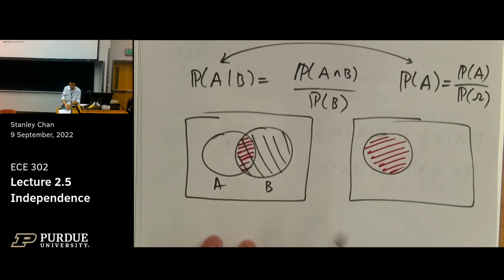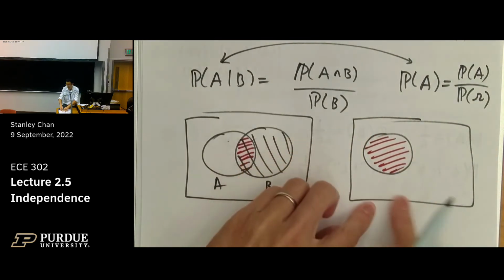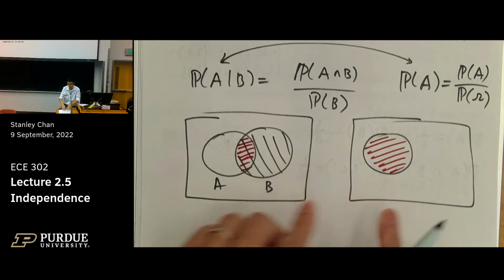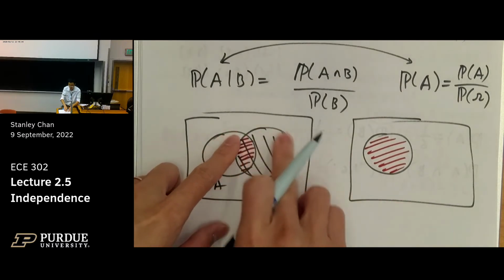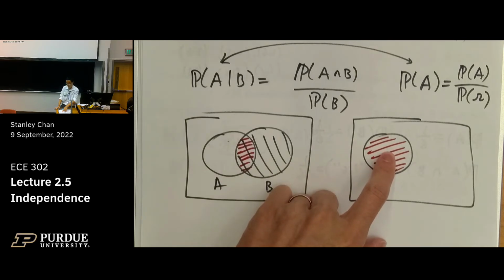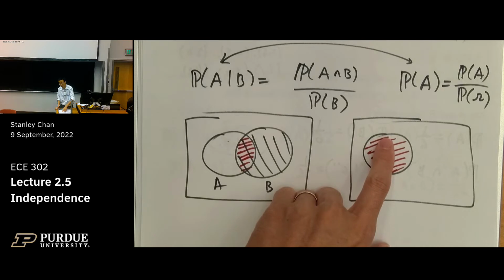So if you have these 2 at the same, then this size divided by the sample space is the same as this divided by B. So let's say this circle occupies 20% of the entire sample space, right? So that will give you 0.2.